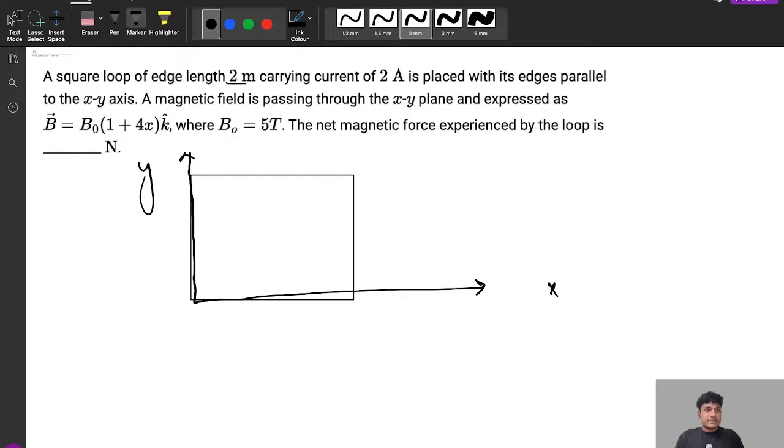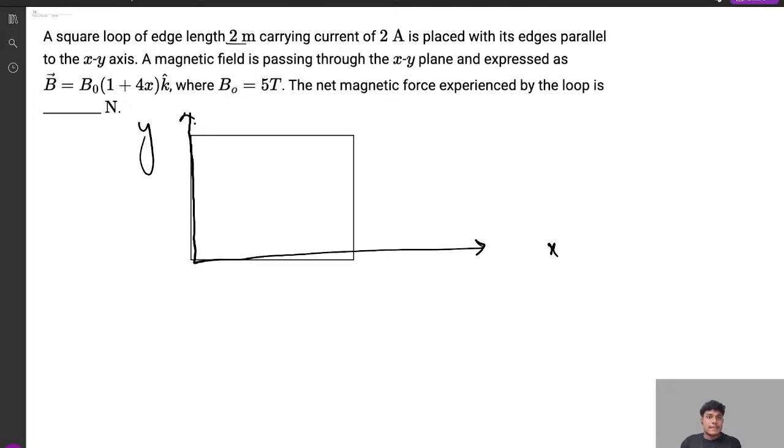So this is the situation. If I call this A, this B, this C and this D, this is a line. I don't draw the xy coordinate properly, so please don't get confused.